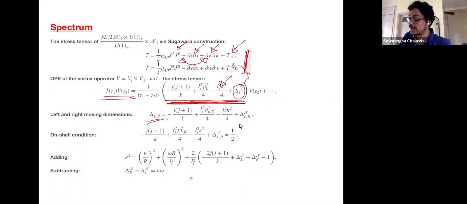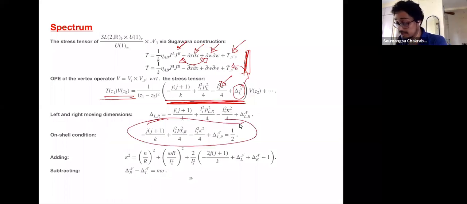You impose the on-shell condition, that means the total dimension of the vertex operators is half, since we are in the -1 picture number sector. Then you add these two, delta left and delta right, and you get this equation. You subtract, you get this equation.